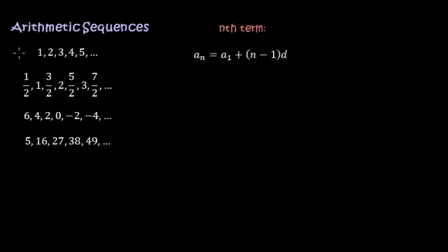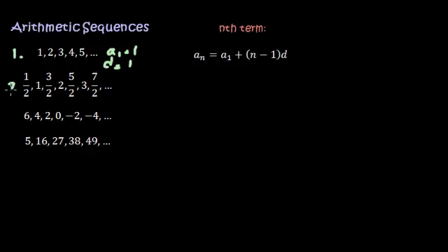Our first sequence here, let's just call it sequence number 1. It has as its a sub 1, or its first term, a sub 1 is 1. Its difference, or d, is, well, to go from one term to the next, notice that it always increases by 1, so its difference is 1.